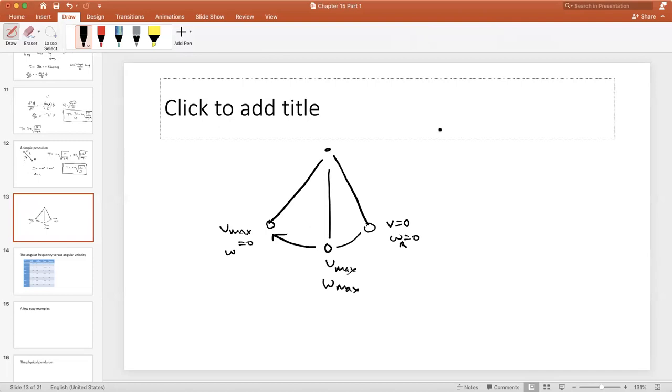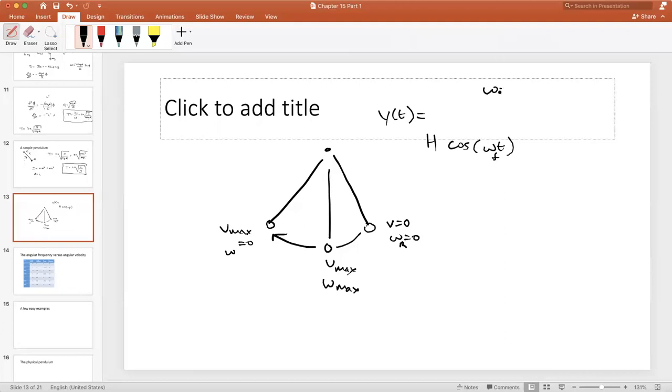However, if this is some function, some cosine of some omega t times the maximum height, right? If this is what our y of t is, which it is, this frequency omega is constant.